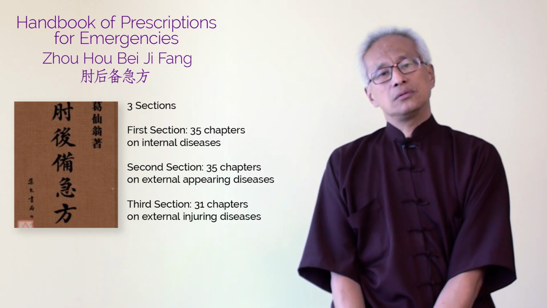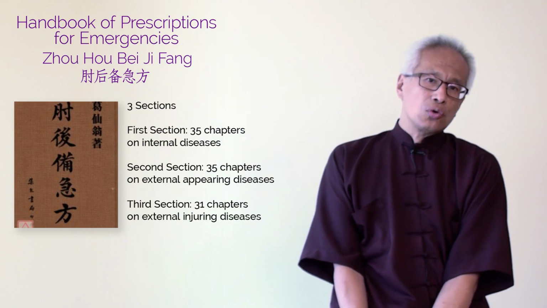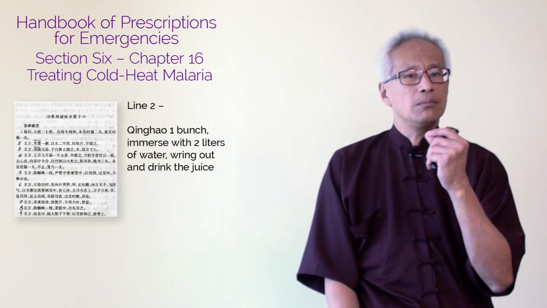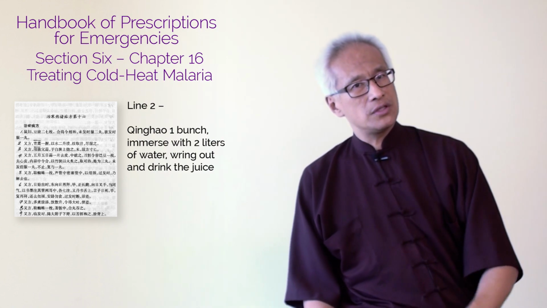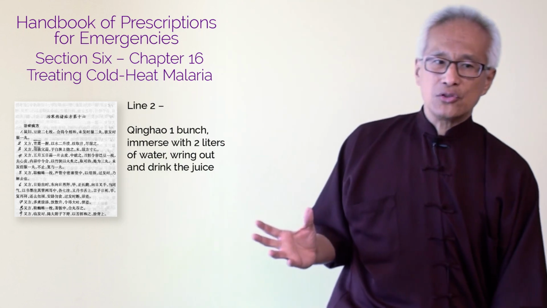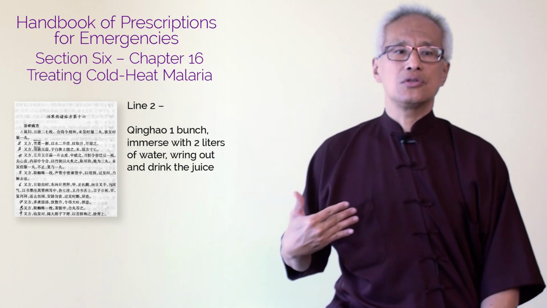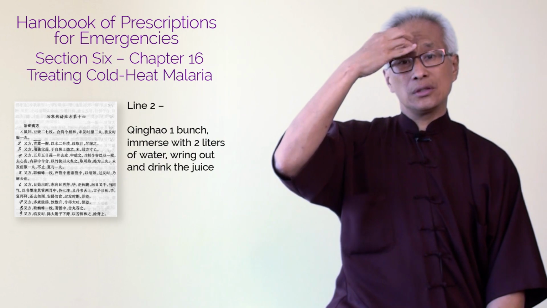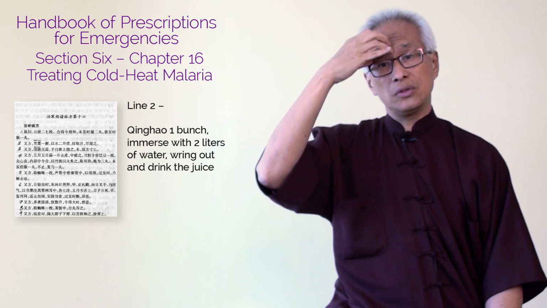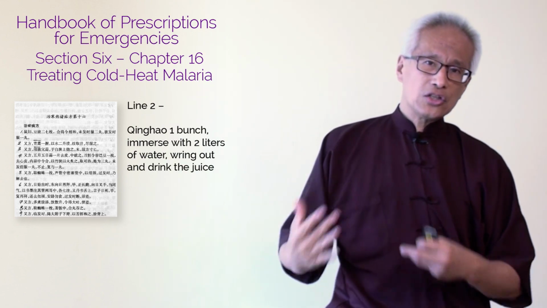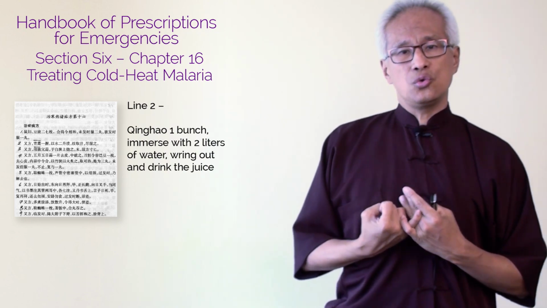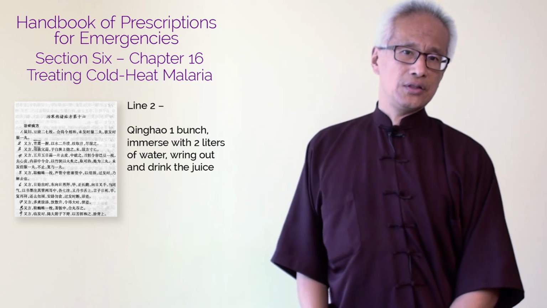Okay, so if we look at the book and go to section 6, chapter 16, treating cold heat malaria, it reads that Qing Hao, 1 bunch, immerse in 2 liters of water, wring out and drink the juice. It is basically the first attempt to make people aware of how Qing Hao is used. Qing Hao is used for many different conditions.